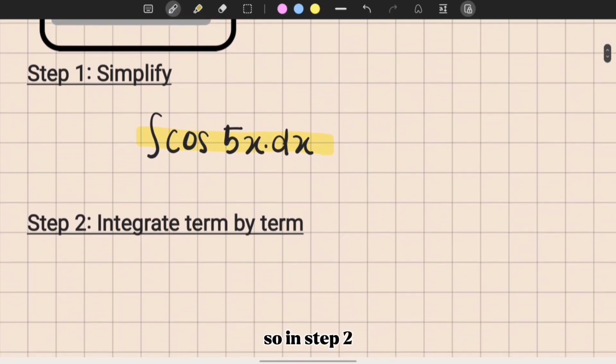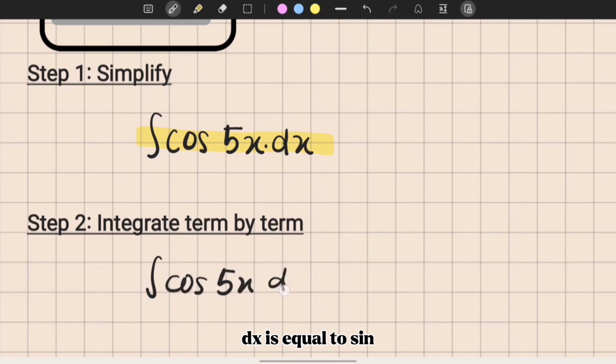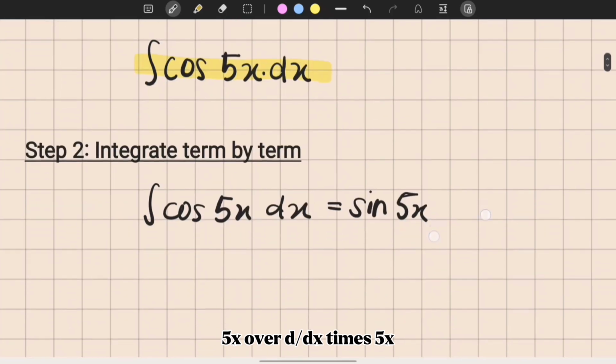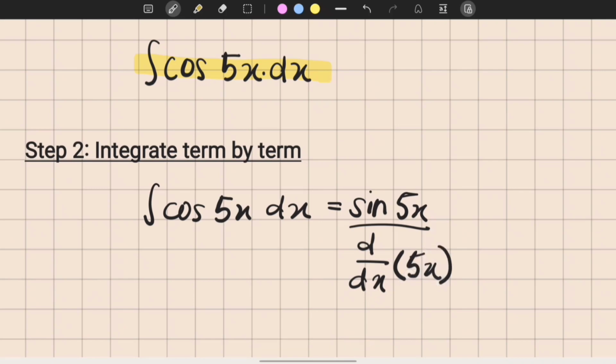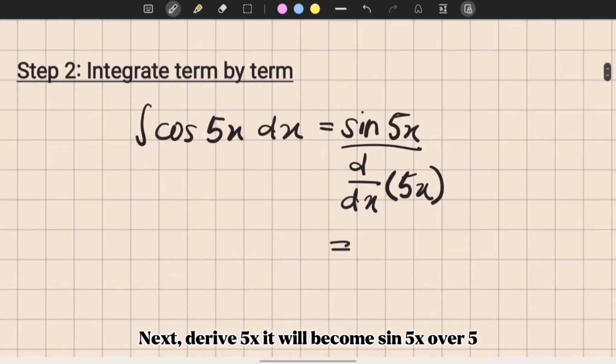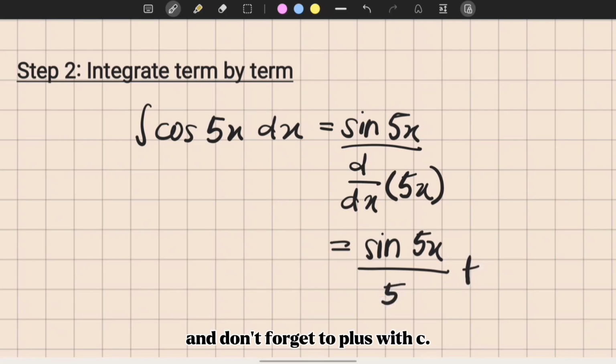So, in step 2, the integration of cos 5x dx is equal to sin 5x over the derivative of 5x. Next, deriving the 5x, it will become sin 5x over 5. And don't forget to add c.